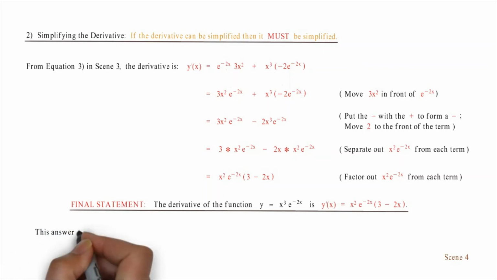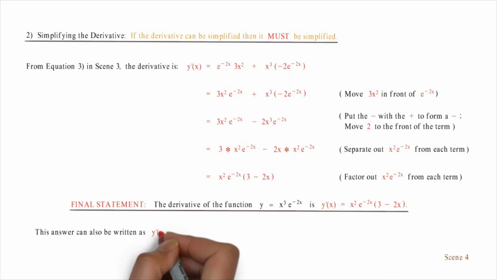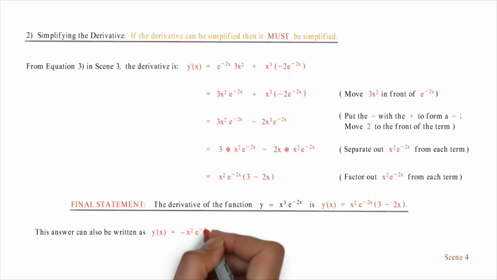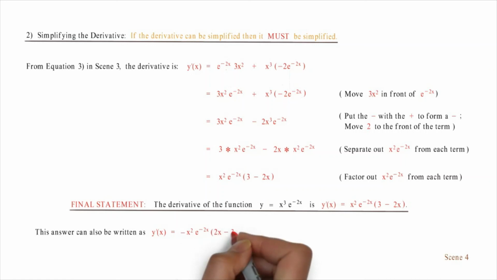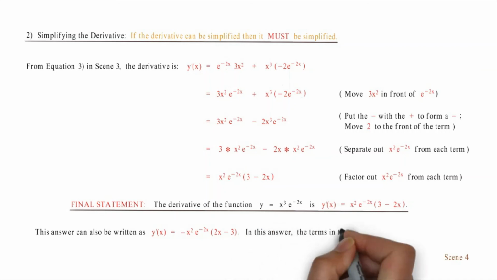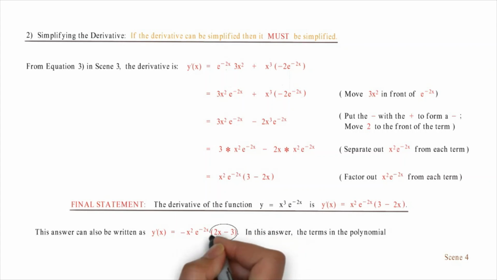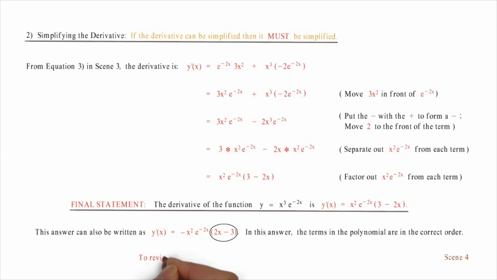This answer can also be written as y dash of x equals minus x squared e to the minus 2x times 2x minus 3. In this answer, the terms in the polynomial are in the correct order. To review the above working, you should pause this video now.